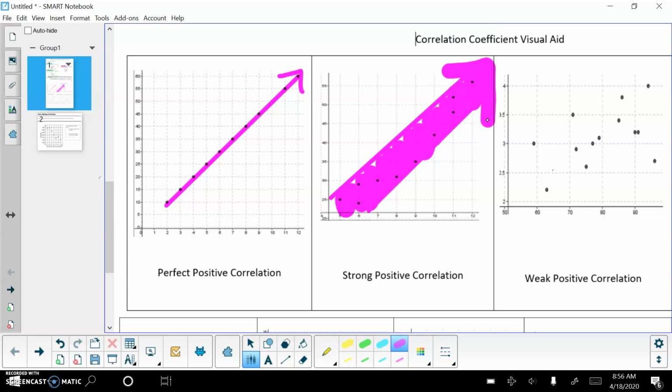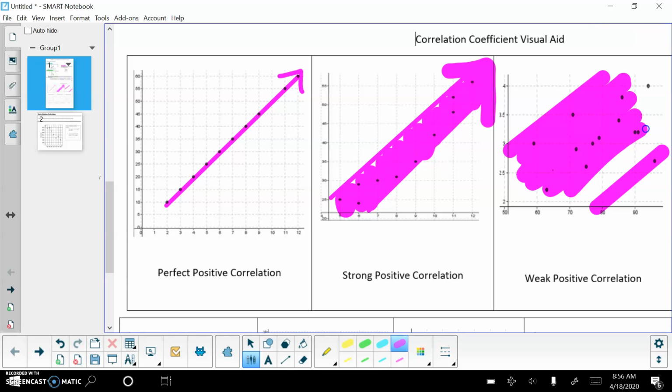Now compare that to the next one, the weak positive. If I sort of draw around them, this is a much wider band. So it's kind of weak. It still looks like it's going up, but it's a much wider band. And in fact, some people would come back and say, well, you know what?